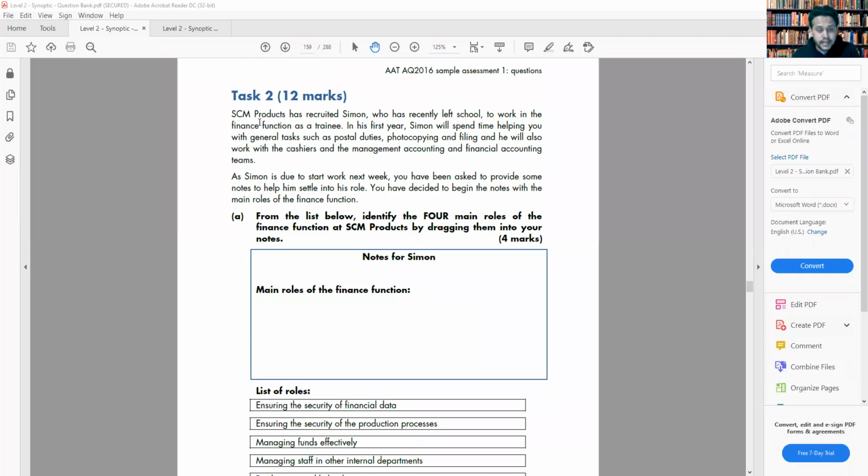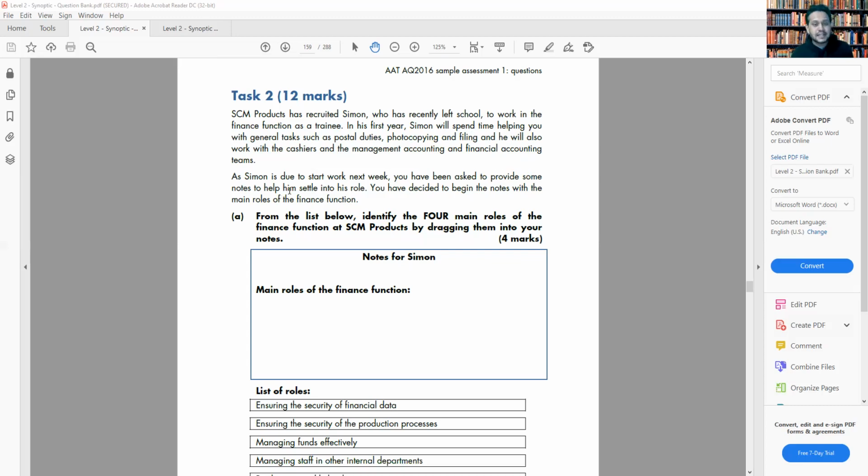SCM Products has recruited Simon, who has recently left school, to work in the finance function as a trainee. In his first year, Simon will spend time helping you with general tasks such as postal duties, photocopying and filing, and he will also work with the cashier and the management accounting and financial accounting team.